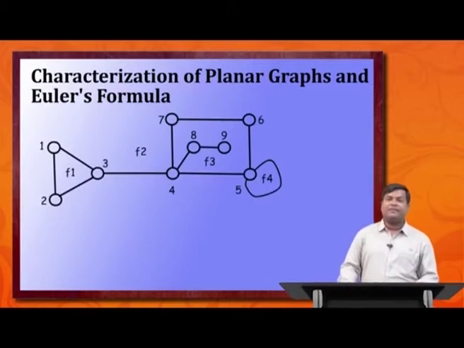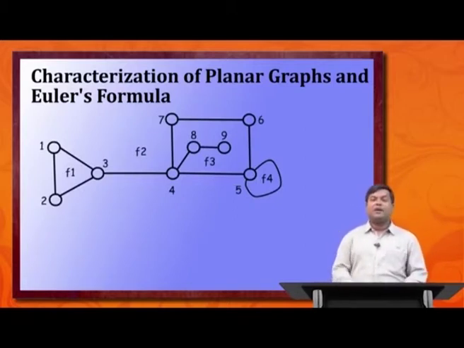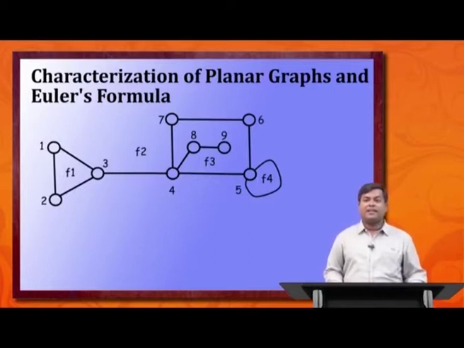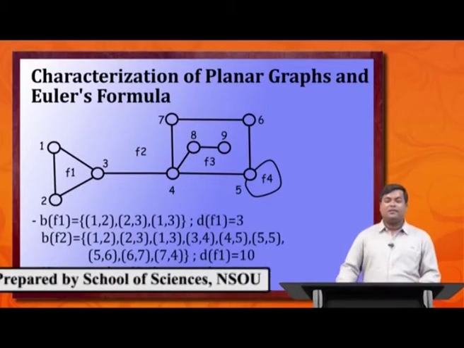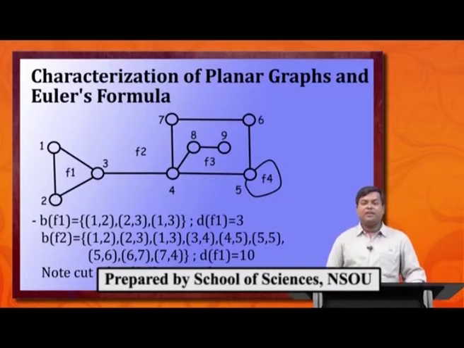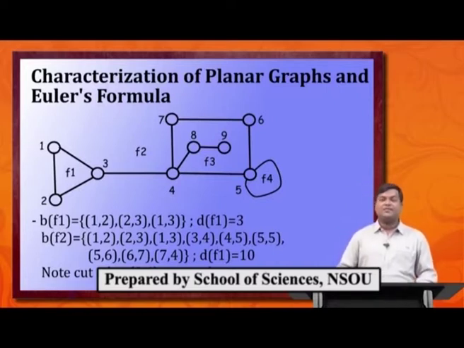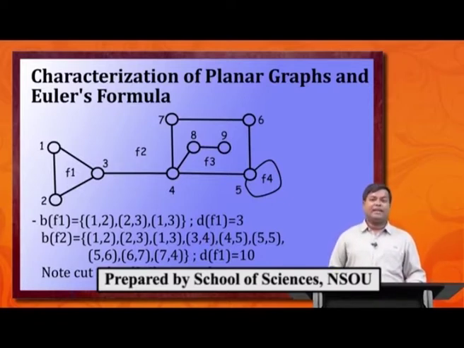This is a particular graph where we have vertices 1, 2, 3, 4, 5, 6, 7 and many faces also, f1, f2, f3, f4, etc. Now what we need to calculate is the boundary of f1. As per the definition, we have found that 1-2, 2-3 and 1-3 is the set of edges inside the boundary of f1.